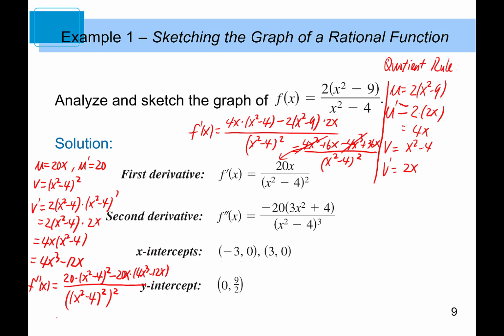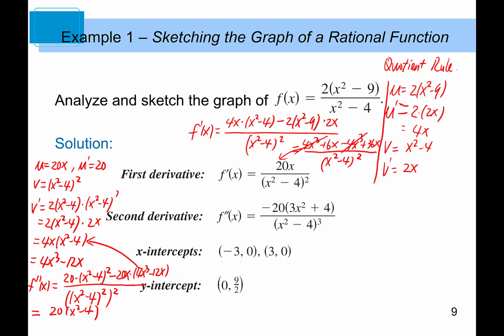So now let's take a look at simplifying this. After you simplify this, you will end up with 20(x squared minus 4). If you look at it, this thing is equal to that. So every single term in your numerator and denominator has x squared minus 4.